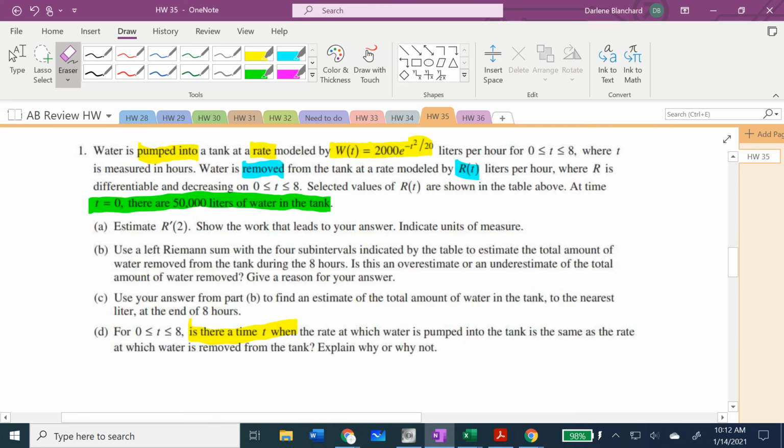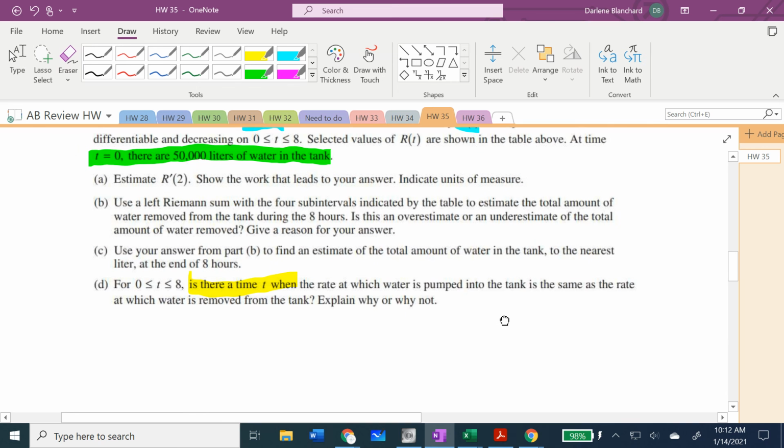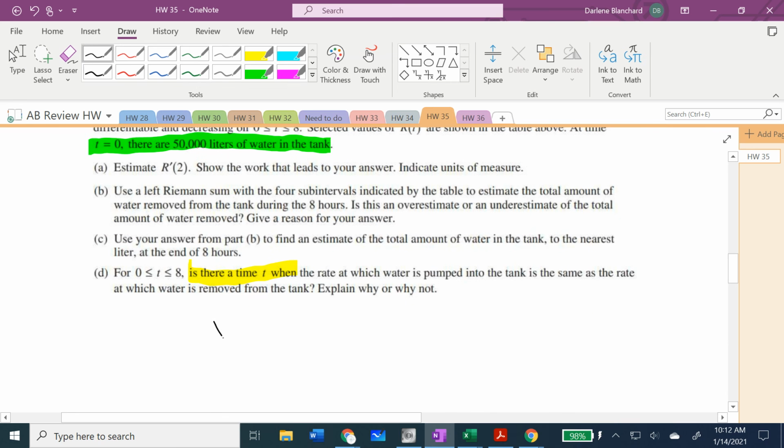Is there a time when the rate at which the water is being pumped into the tank is the same as the rate at which the water is being removed from the tank, and you need to explain why or why not? So the way it's worded, you're thinking, is there a time when W of T is equal to R of T?